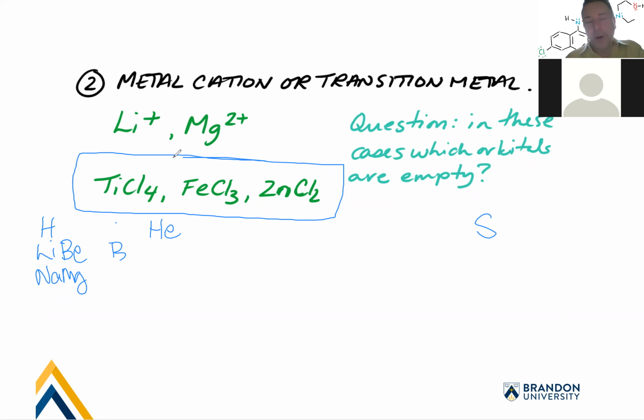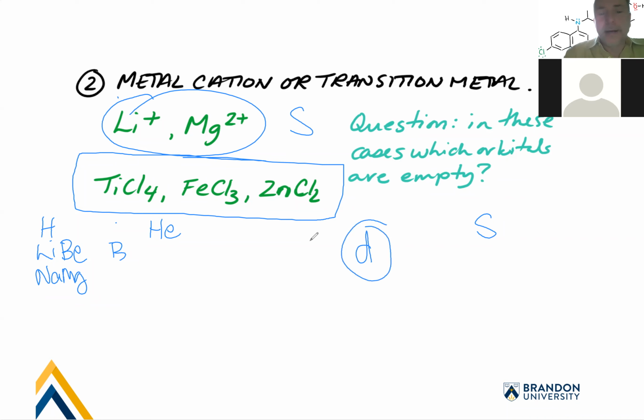But there's one type of orbital which transition metals have that we never seem to talk about in class because carbon doesn't have a low energy one of that type. And those would be d orbitals. With these metal cations, like lithium and magnesium, we've got empty s orbitals, and with the transition metals, we've got d orbitals.